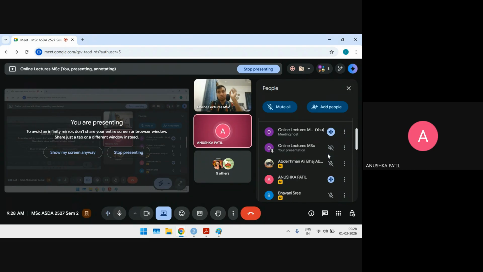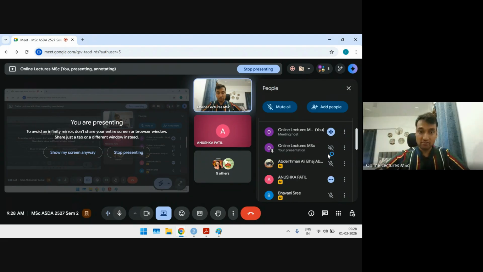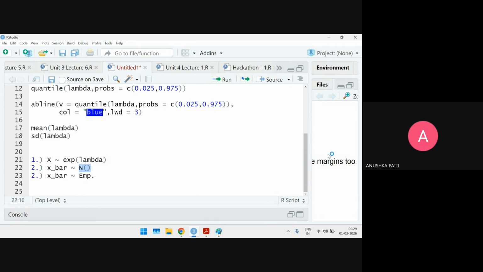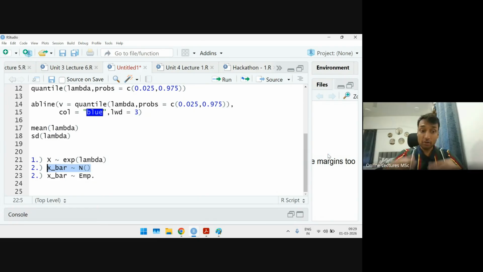Your theory was also on estimates only. Your theory was also trying to talk about parameters only, but it used to come with a certain set of assumptions. You say X follows exponential, then you're saying as per CLT, X bar would follow normality. You made this statement. Now, my question is, what if this approximation is not holding true?